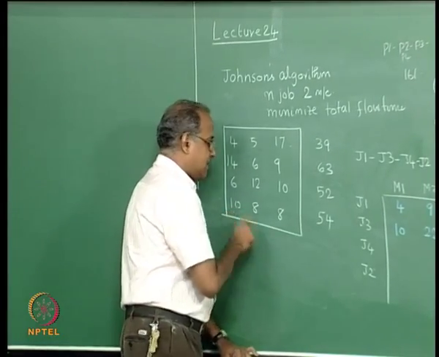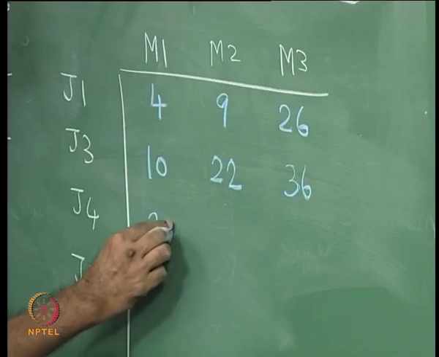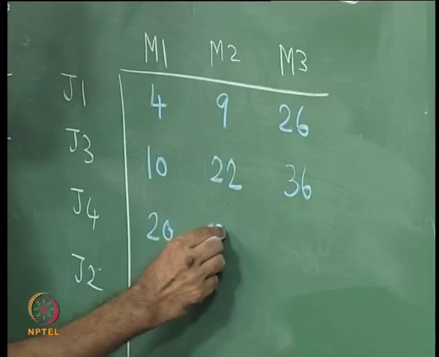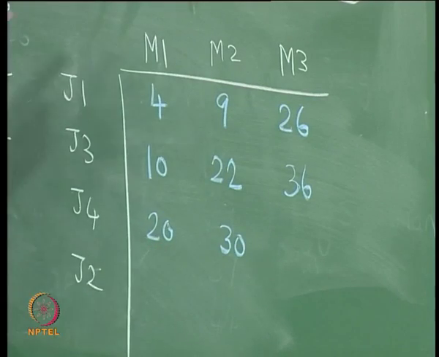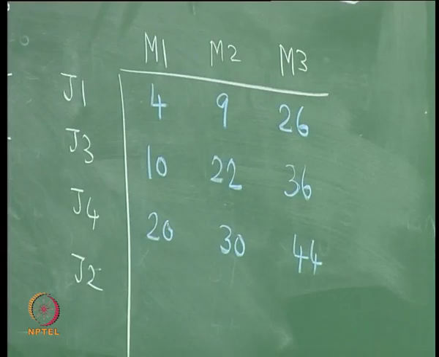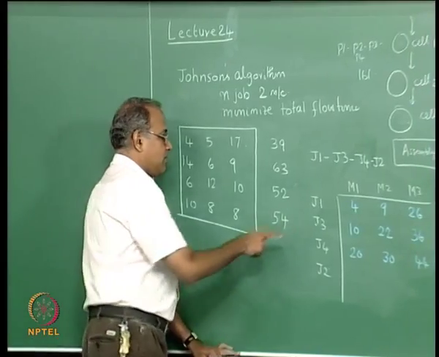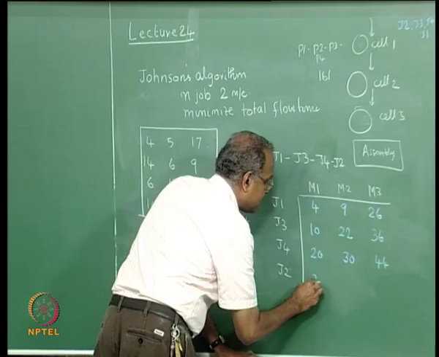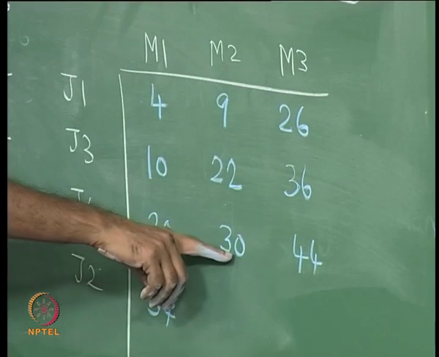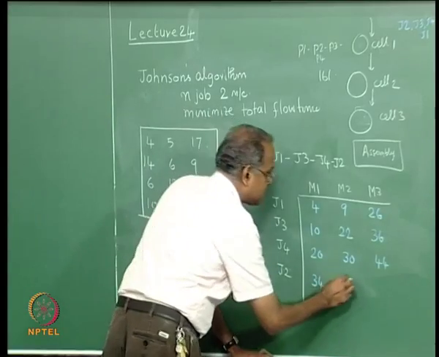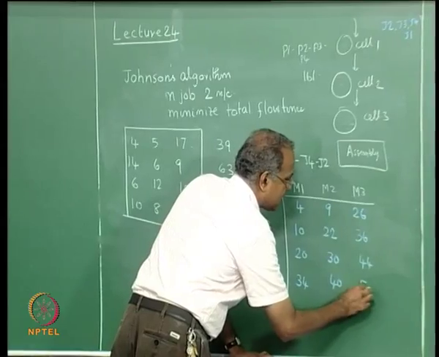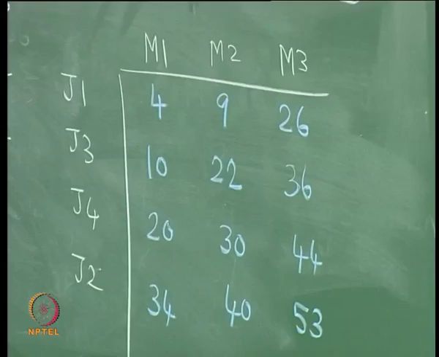J4 starts at 10, takes another 10, finishes at 20, waits till 22, takes another 8, 30, waits till 36, takes another 8, 44. The last one is J2, starts at 20, finishes at 34, again this is free at 30 itself, so 34 plus 6, 40, waits till 44 and finishes at 53.